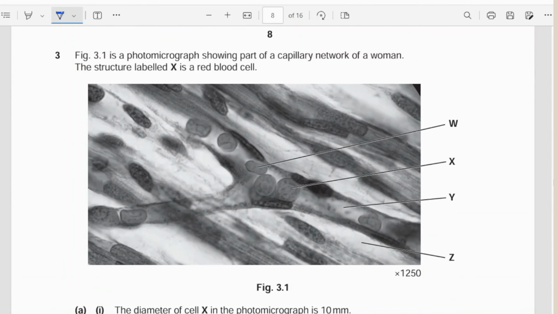Next one. Figure 3.1, a photomicrograph, is showing a capillary network of a woman, and the structure labeled X is a white blood cell. The diameter of this is 10 millimeter and the magnification is given. What is the actual diameter?